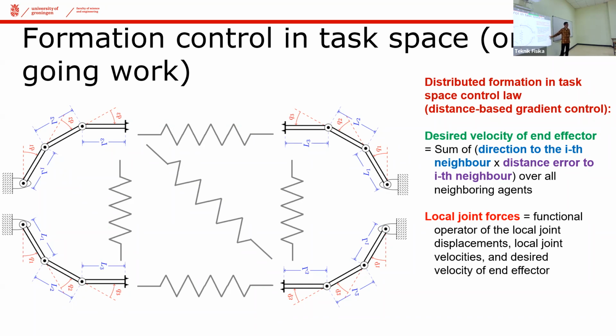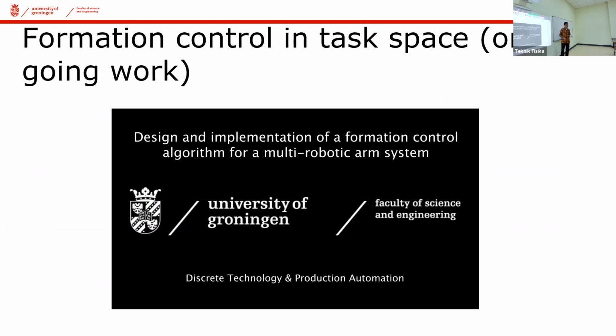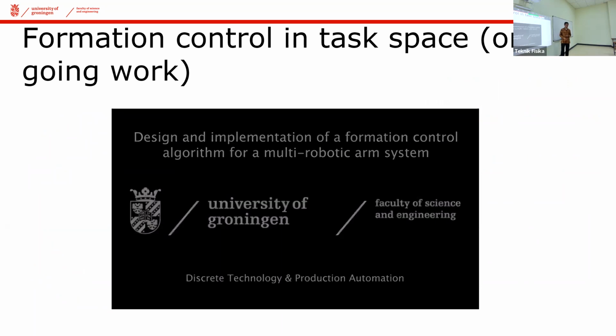Because it's pretty complicated, it's not just a simple inverse kinematics. We performed a really complicated formula, so I just put it as a functional operator of the local joint displacement.